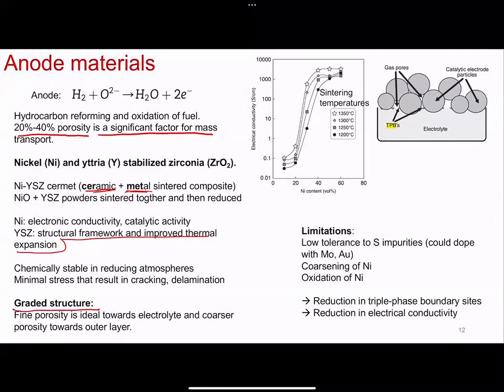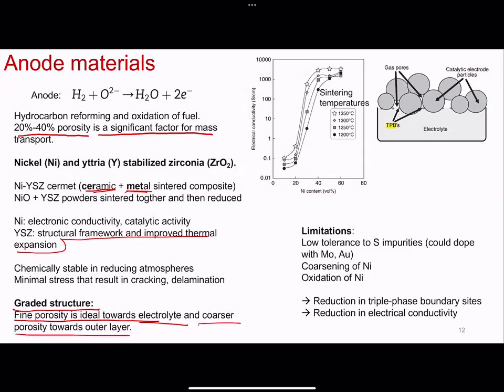So they just change the porosity. You can make a slurry, say, of your ceramic and some solvent. If you're spray coating or screen printing or what have you, you deposit down a layer of some known porosity, you sinter it, and your sintering conditions make it so that it's quite dense, and then it's less dense, and it's less dense. Okay. So the graded structure helps, with fine porosity towards the electrolyte, and then coarser porosity towards the outer layer. Right.